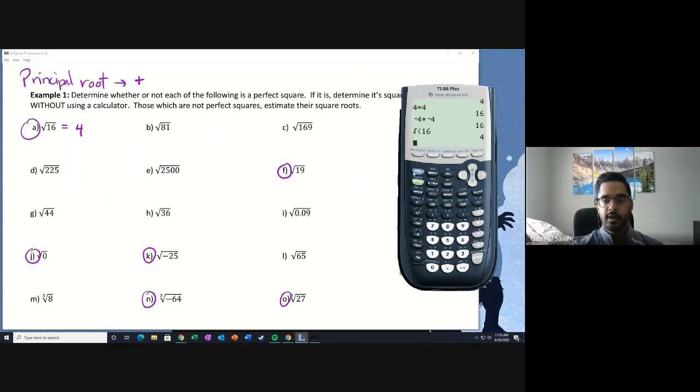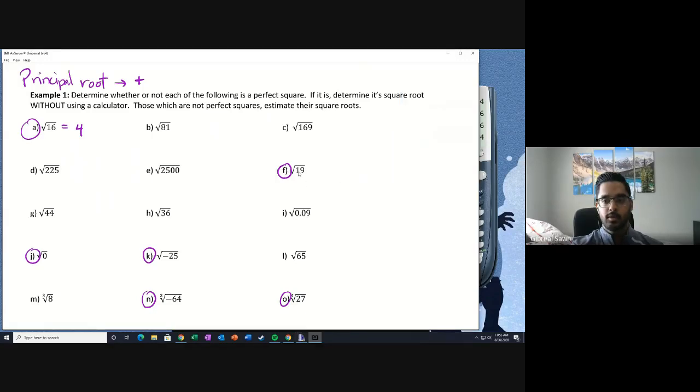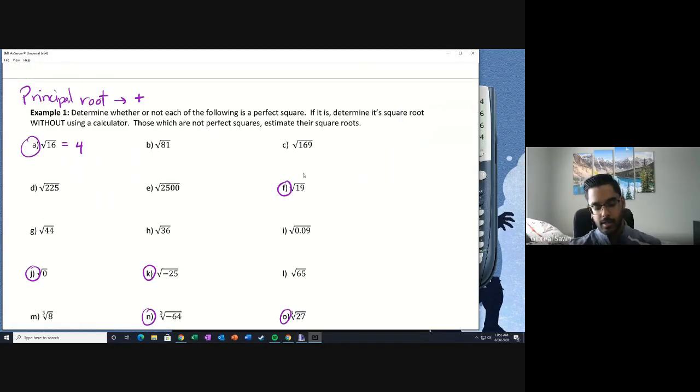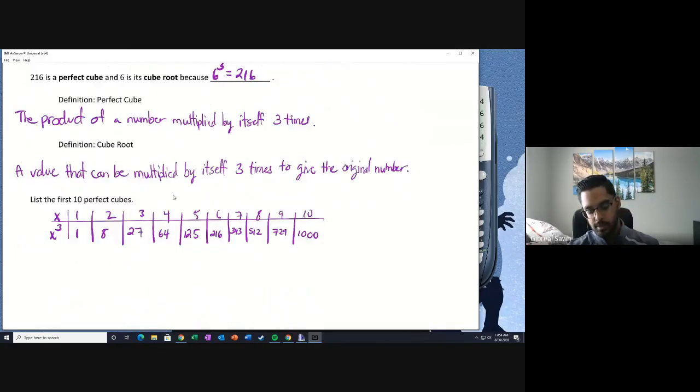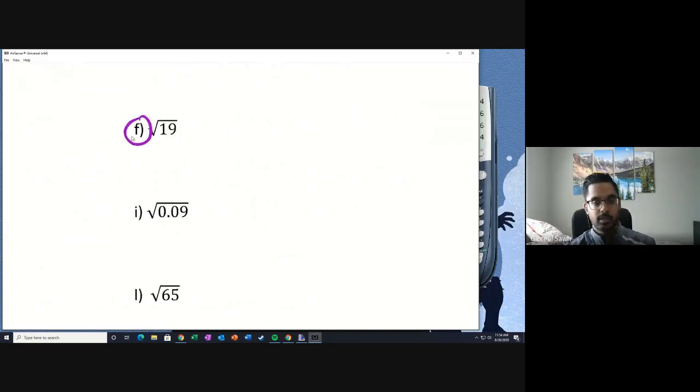Now for F, if I tried to do that, I know 19 isn't a perfect square, and I can double check our chart because I know 19 doesn't fall on here at all. But I can see that 16 is on there, and so is 25. And that's going to be really important to help us estimate. So if I try to do the square root of 19, I know that the square root of 16 and the square root of 25 fall on either end of that value.